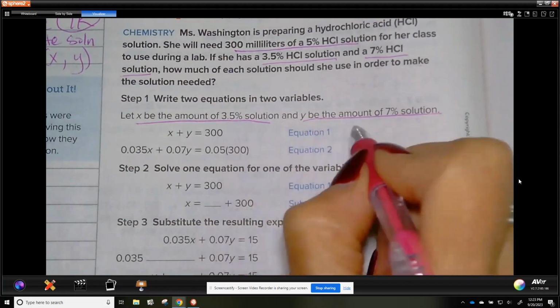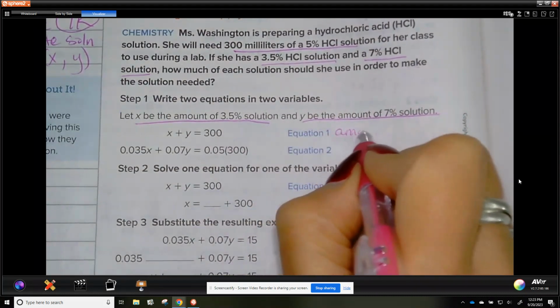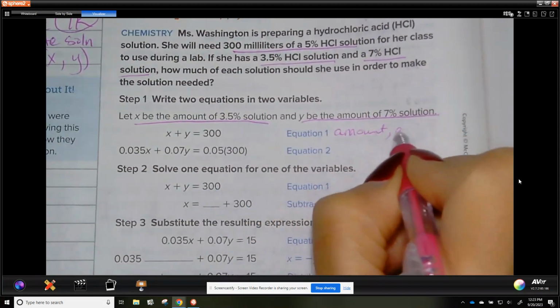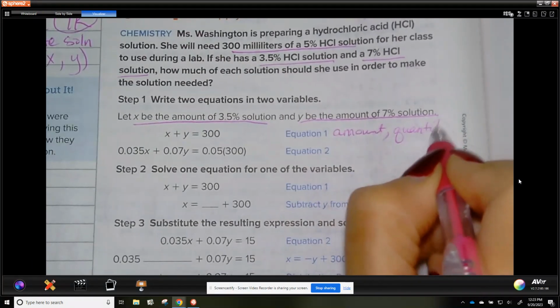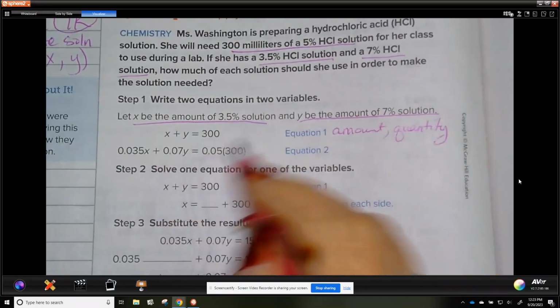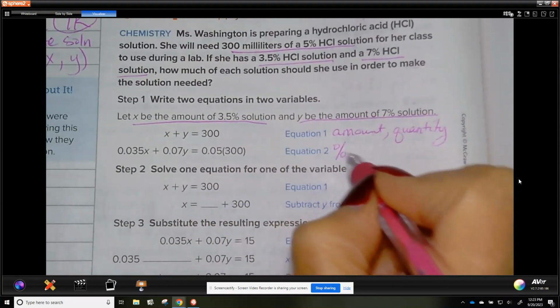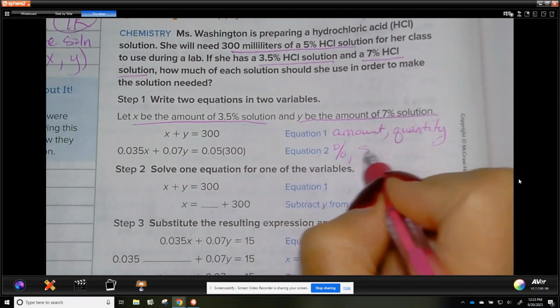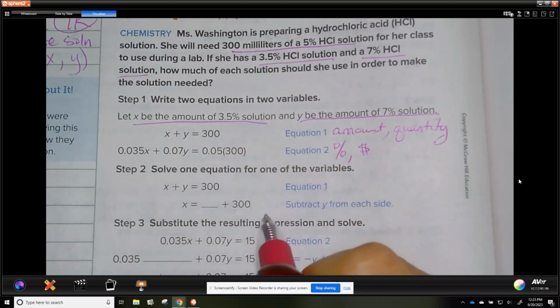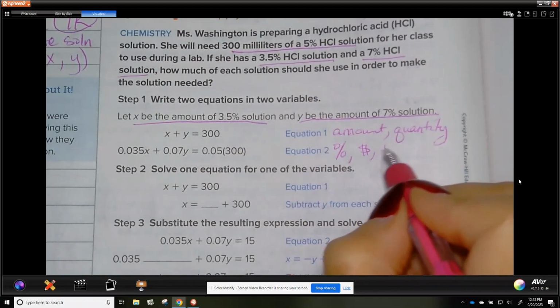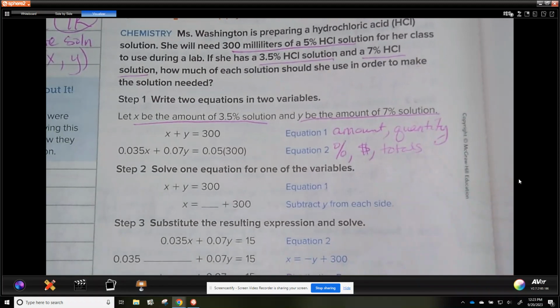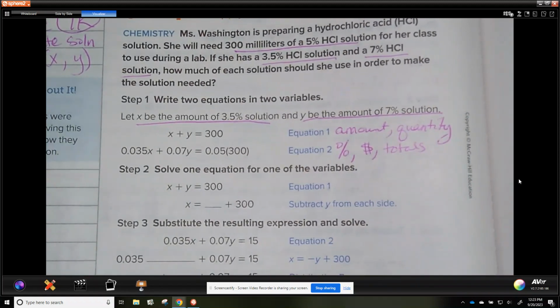But one equation is going to have to do with amount or quantity. And the other one deals with the percentage, or other ones, it deals with money, or totals. Okay, so I'll show you more of those.